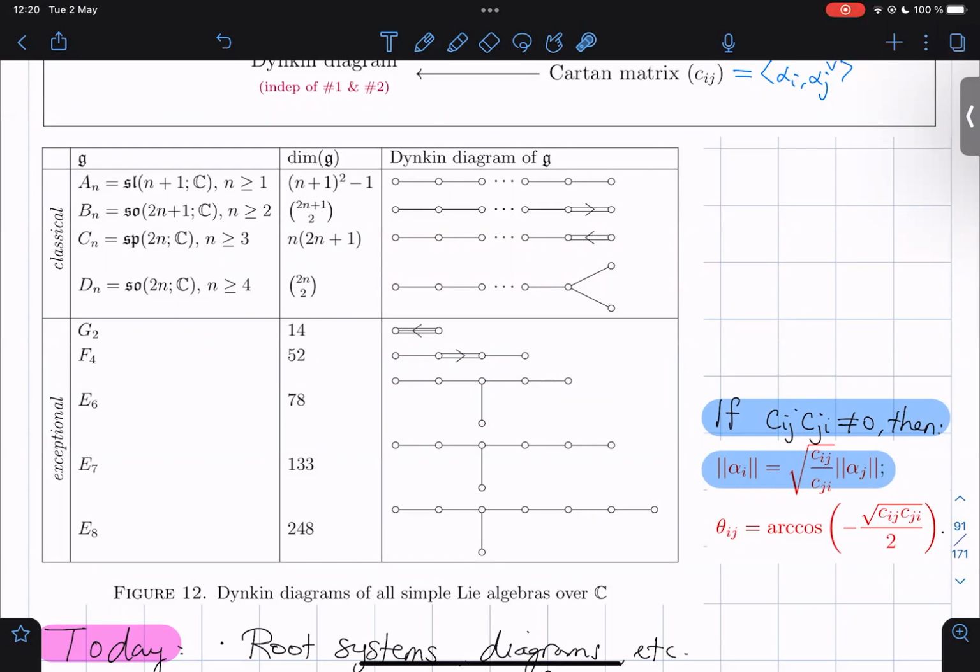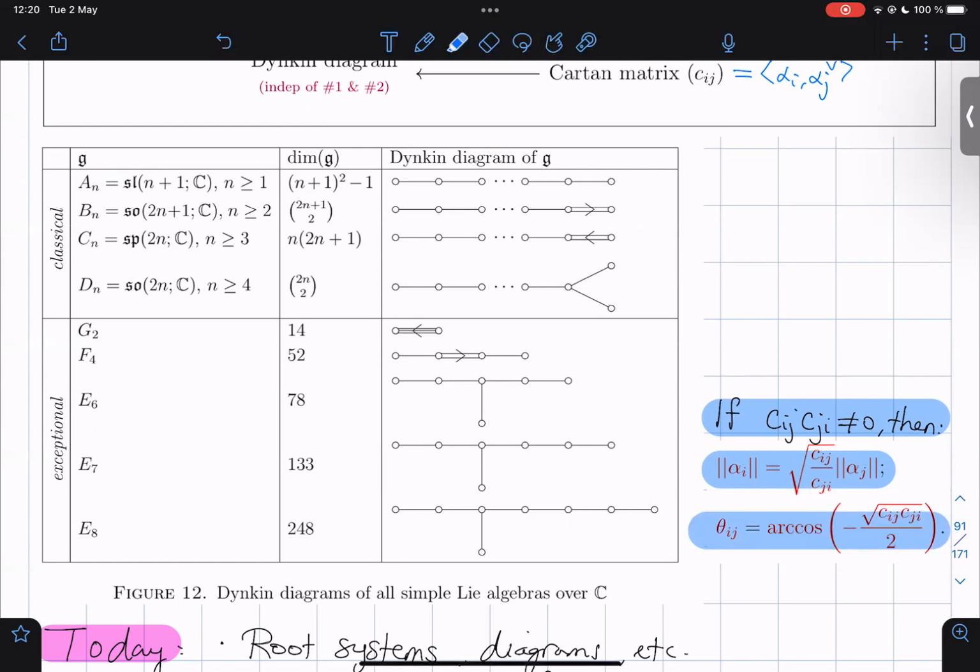Let me just recap some of the things. One important thing to come out of this is that from one of these Dynkin diagrams, you could get the corresponding Cartan matrix, and then you could understand between the simple roots what the relative lengths are and what the angles between them are, just using these formulas that we derived last time.